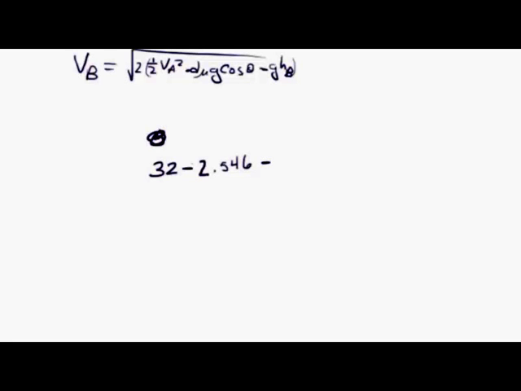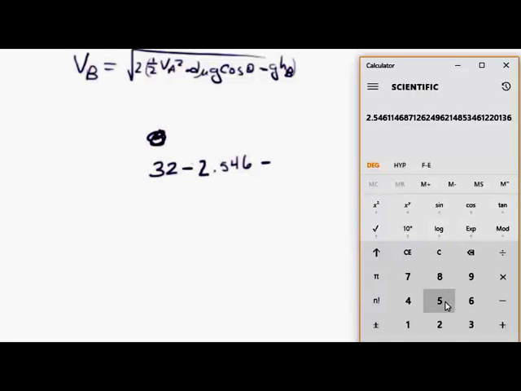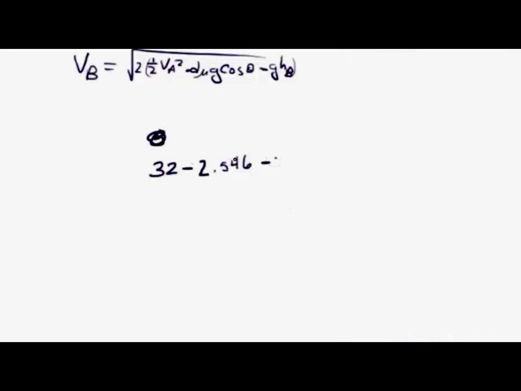Minus g hb. The height at B was 2.375 times 9.8, which is 23.275. That's all times 2, and then take the square root of that.